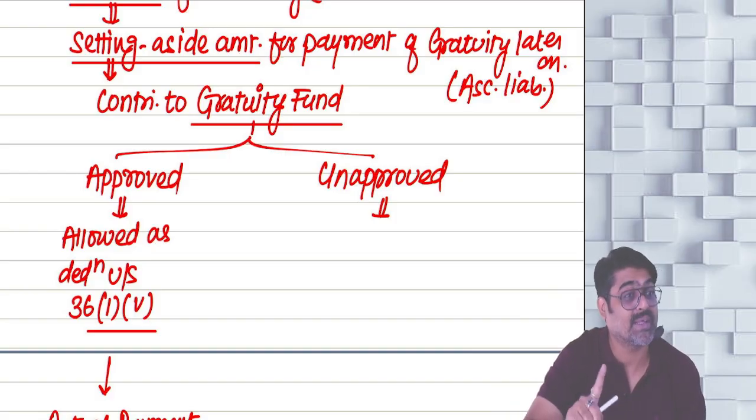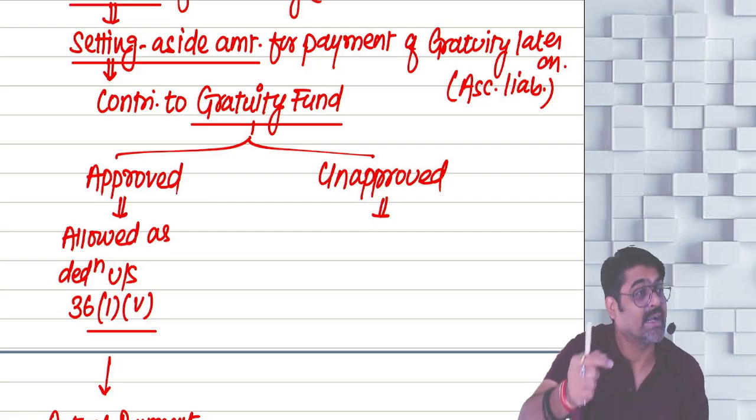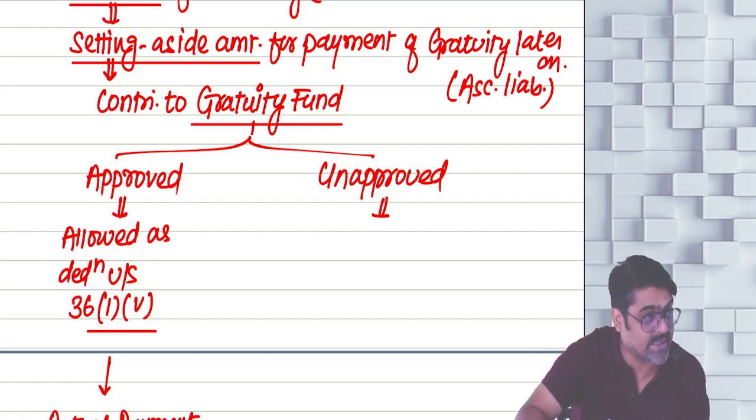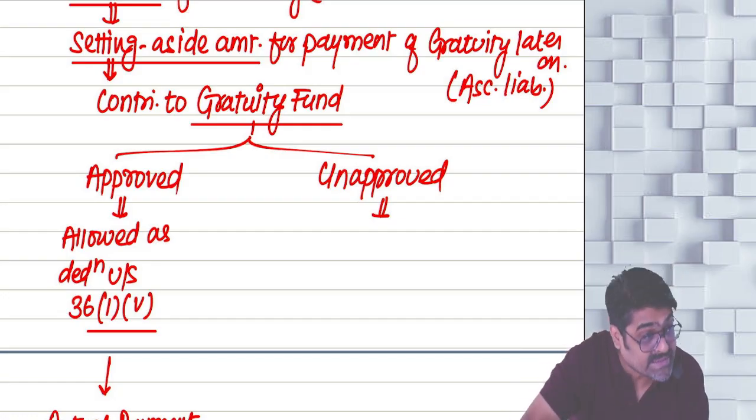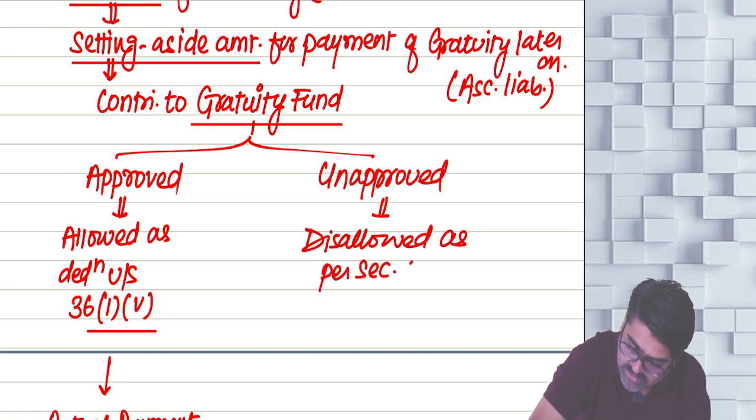Section 40A subsection 7. Which section? 40A subsection 7 says that any contribution which you are making right now to an unapproved gratuity fund will be disallowed, as per section 40A(7).